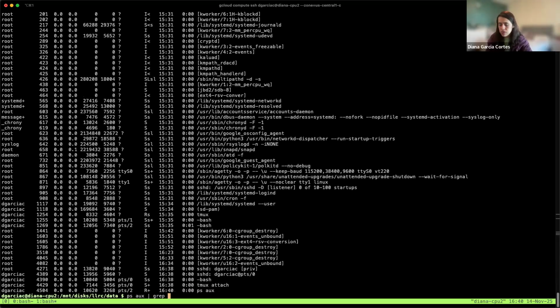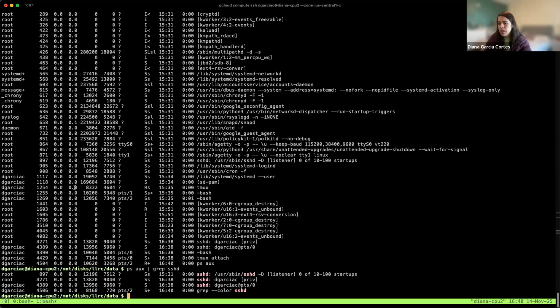And you get the PID of the process, and if you want to kill it, you can then use the kill signal to kill that specific process.